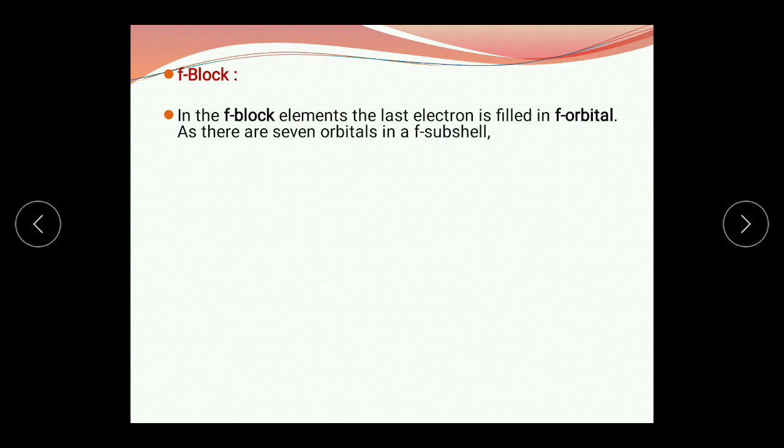What about f block? As you know, the last electron is filled in f orbital, and there are 7 orientations or 7 orbitals in the f subshell. Hence, f has a capacity to accommodate 14 electrons.